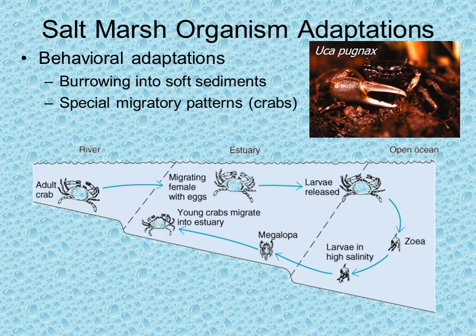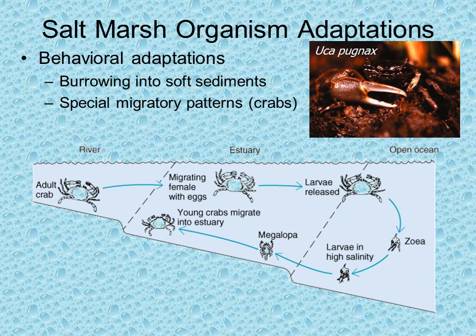Now, there are other behavioral adaptations that take place specifically in crabs. If you look at blue crabs, they have a special migratory pattern. You have a migrating female crab with eggs that goes from upriver to the estuary. So these would be coming down the Connecticut River, or Housatonic, or Quinnipiac.